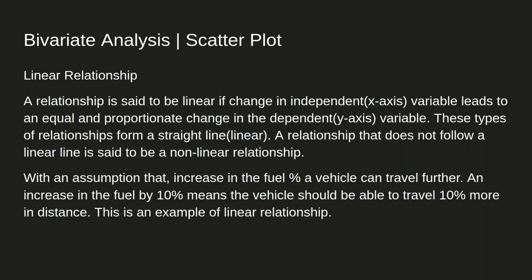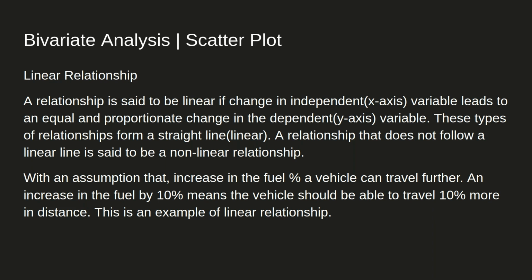So, linear relationship. A relationship is said to be linear if changes in the independent variable, or the x-axis variable, lead to an equal and proportionate change in the dependent or y variable. That's basically what a linear relationship is.